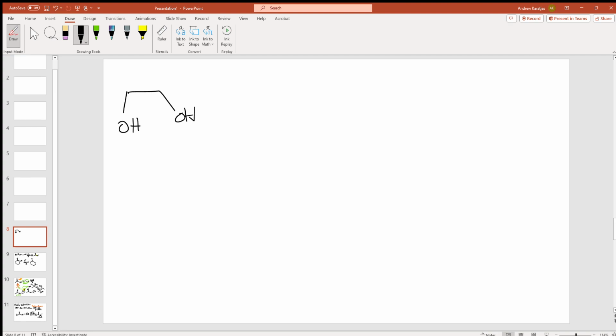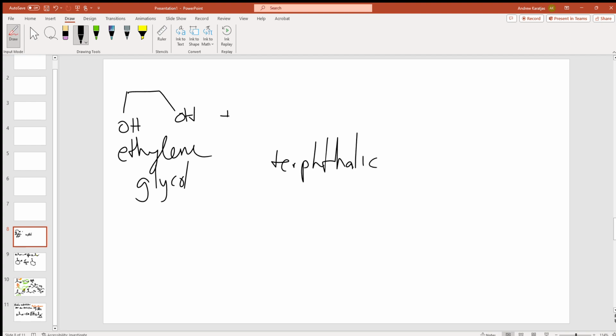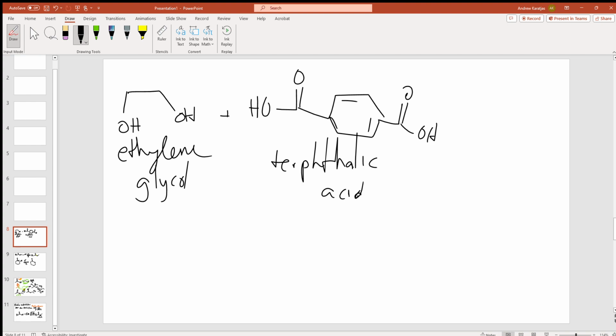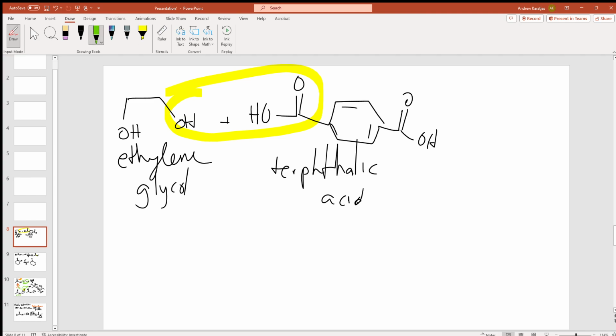If you start with ethylene glycol, which is this diol, and to that you add terephthalic acid, given that the acid has carboxylic acids at both ends, and the alcohol has alcohols at both ends, you can form a new ester here that would give us this product.